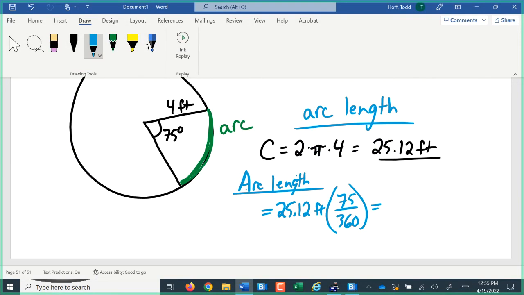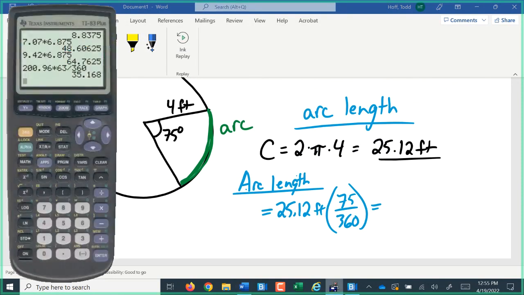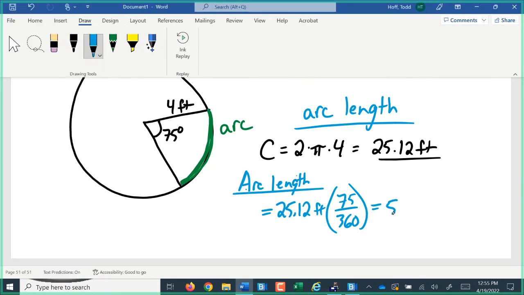Perfect. I take the circumference of the whole circle, and I'm going to find 75/360 of it. So 25.12 is my circumference, times 75 divided by 360. It's 5.233 feet. That is the length of that arc.